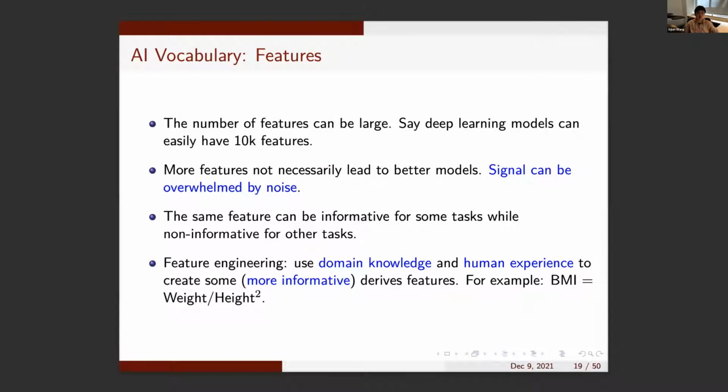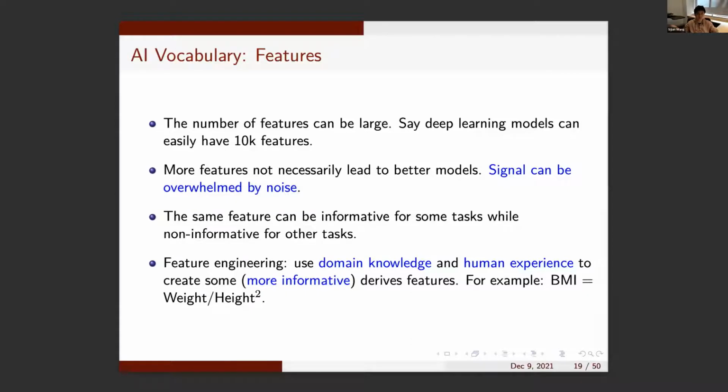In practice, the number of features can be very large. Say the deep learning model can easily have 10,000 features. And more features not necessarily lead to a better model, since the signal can be overwhelmed by noise. So we still need to be careful about what features we are going to use. The same feature can be informative for some tasks, but non-informative for other tasks.